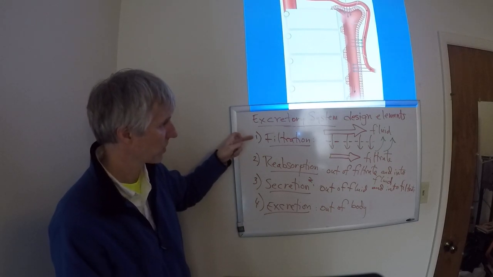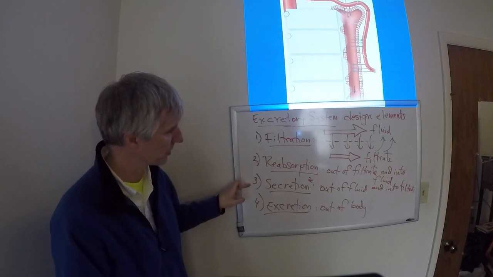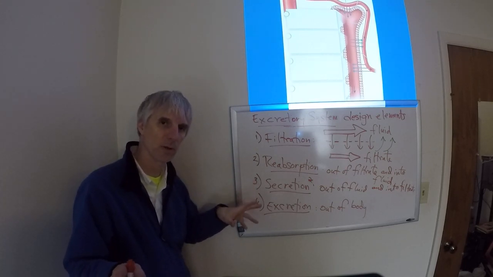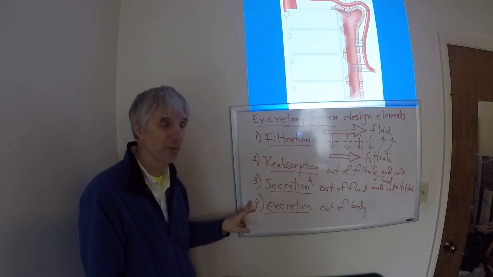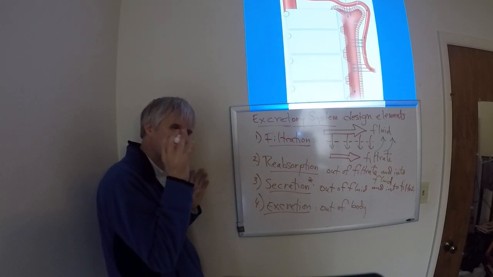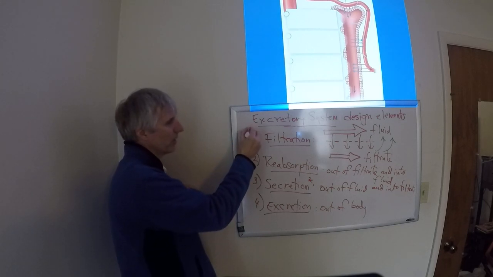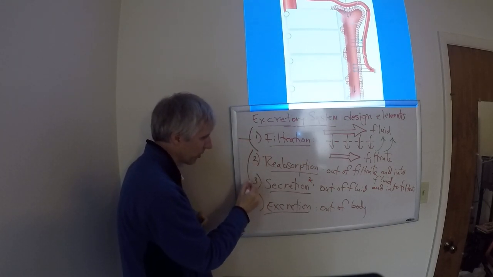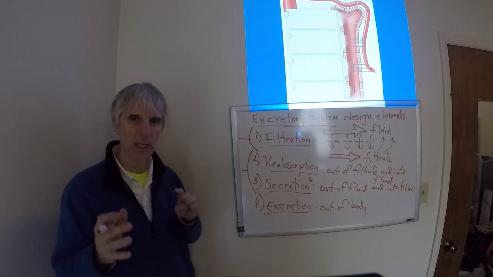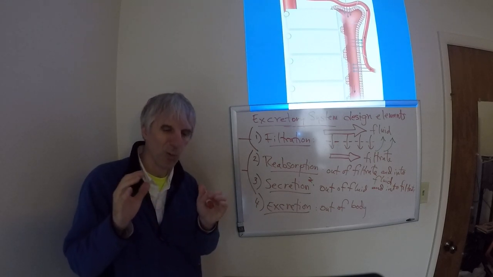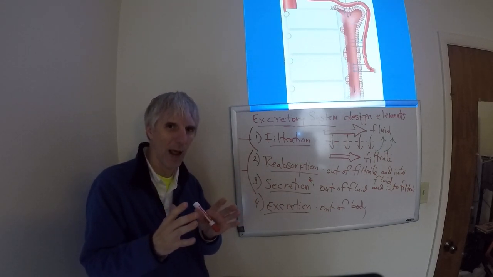Okay? So, filtration, reabsorption, secretion, excretion. All excretory systems, I don't care how simple or complex they are, they have these four components. In reality, in my mind anyway, I'm thinking like three. You have one step that's a filtering step. Reabsorption and secretion is like a readjustment step. I didn't quite do things the way I wanted to do them, so I'm going to take another crack at it.